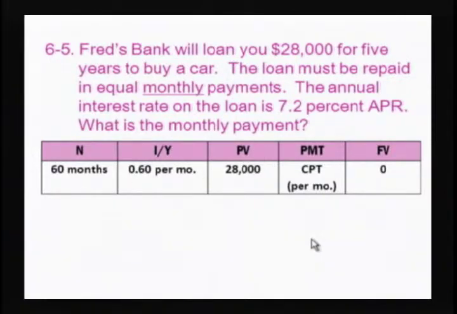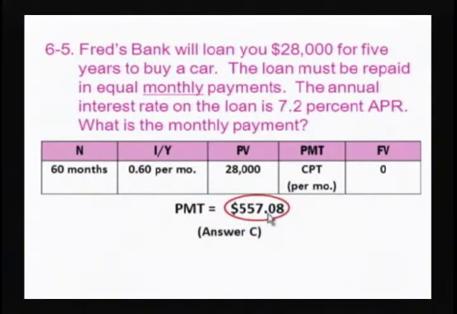The payment amount is $557.08. If you put in a positive present value there, the calculator will actually put a minus sign in front of that payment, meaning you have to pay out the $557.08 each month for 60 months to pay the loan down to 0.